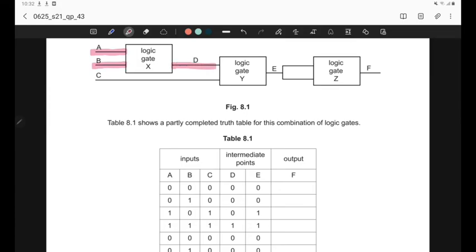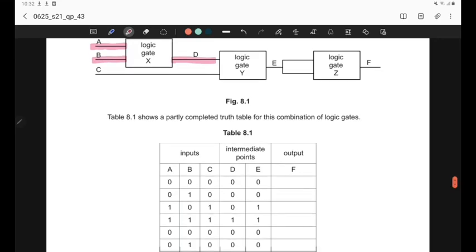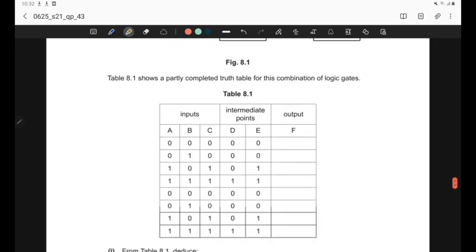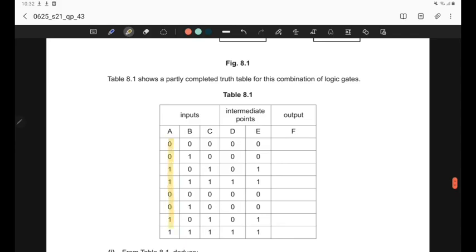Input is A, B and output is D. So we can see for AB input, what is the value of output D. So this is one input of logic gate X, another input of logic gate X, and the output we are getting at D.